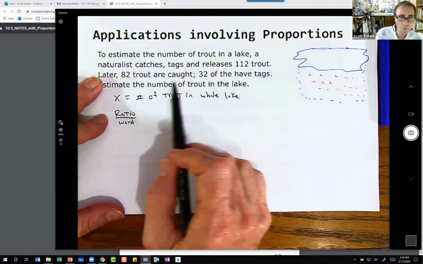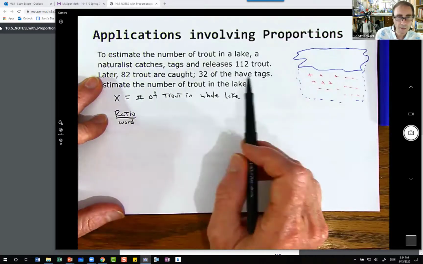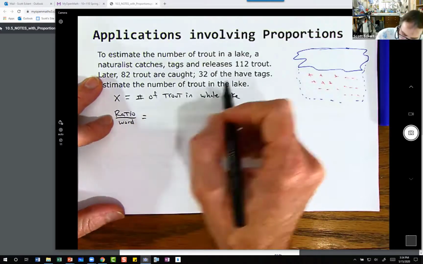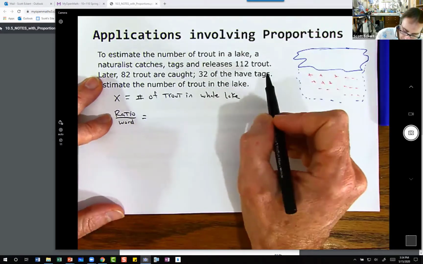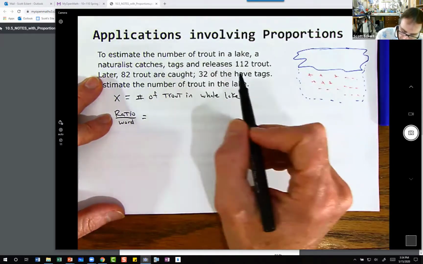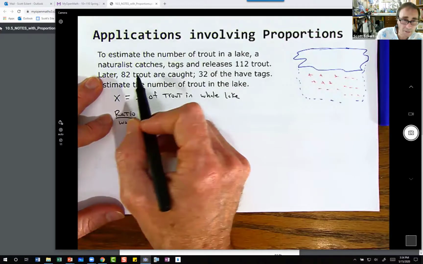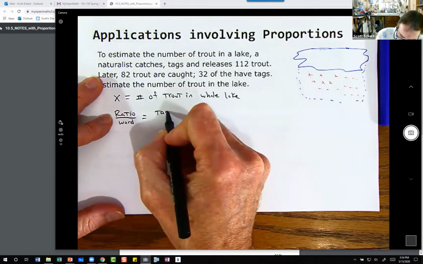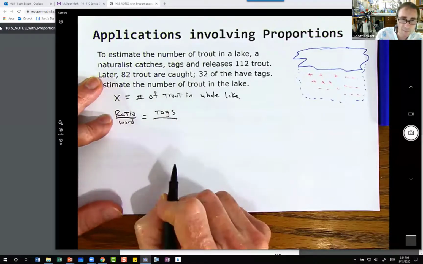That's like the whole group, and 32 had tags. So that, I think, is our strategy, to compare the tags to the whole lake and the tags to this whole batch he caught. So I'm going to say the words this way so I don't get my fractions backwards.